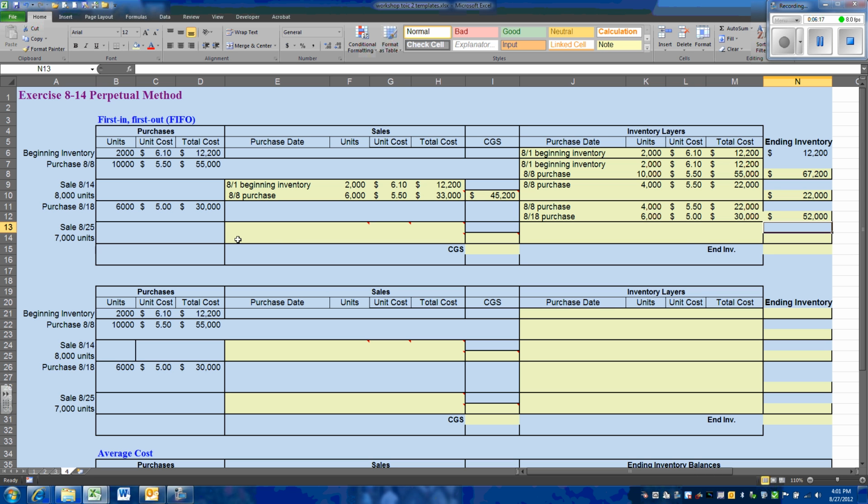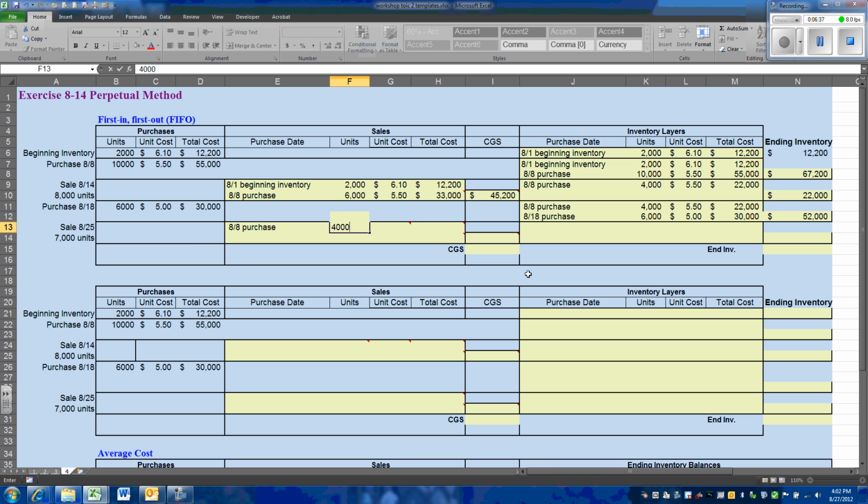Our next inventory transaction is a sale. We sell 7,000 units. Again, we're using FIFO, so our earliest purchase is from August 8th. The August 8th purchase is our earliest layer of inventory. We're going to sell all 4,000, and we're going to use a valuation of $5.50 to calculate our cost of goods sold.